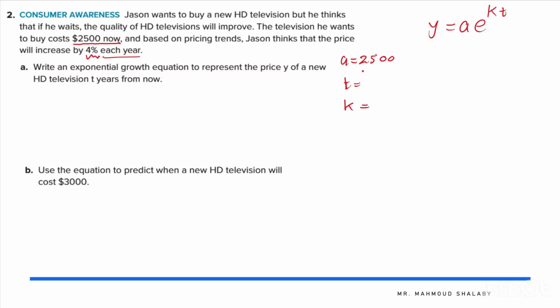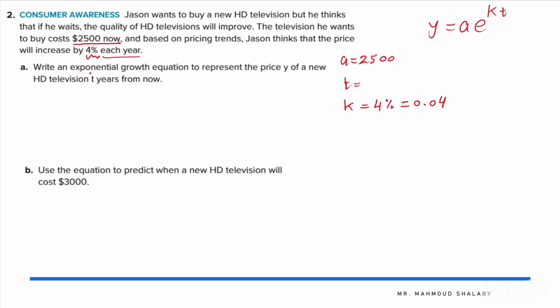If this is the percentage, which one will this be? Remember, k is the constant or the rate of the continuous growth. The rate could be written as a percentage, which means k is 4%. But it's better in our situation here because we will use it in a function to change it to a decimal. It will be 0.04. If you don't know, you can just write 4% on the calculator, hit equal and SD to change it to a decimal form.